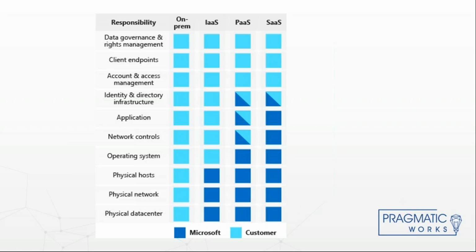However, as you can see, there is never a time when your provider will be responsible for all aspects of your security model. There are always going to be things that you have to do yourself, account and access management, identity and directory. You can set some things up with multi-factor authentication here at this level that allows you to not have to log in because it knows who you are, but it is a shared responsibility.